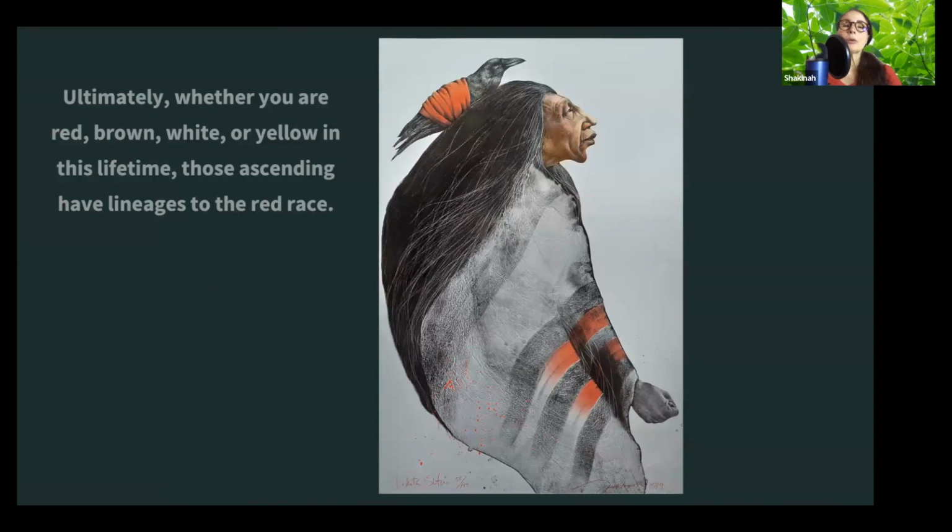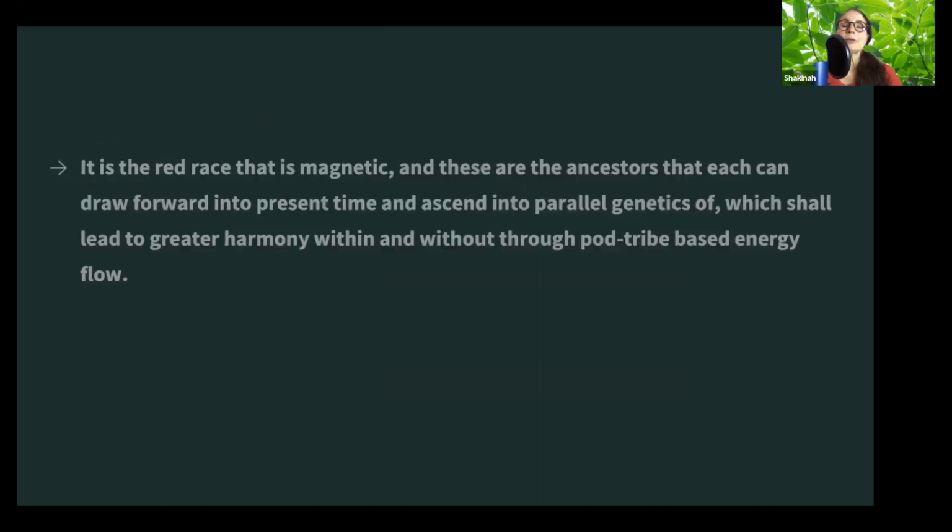Ultimately, whether you are red, brown, white, or yellow in this lifetime, those ascending have lineages to the red race. It is the red race that is magnetic, and these are the ancestors that each can draw forward into present time and ascend into parallel genetic self, which shall lead to greater harmony within and without through pod tribe-based energy flow.